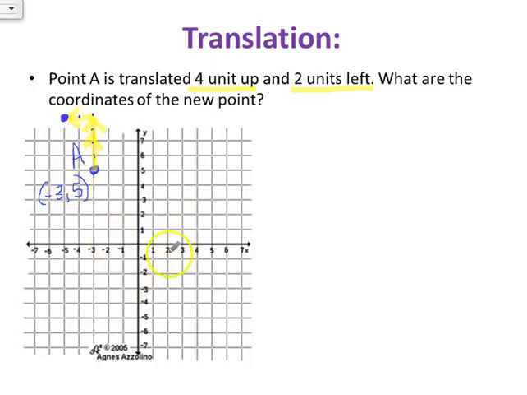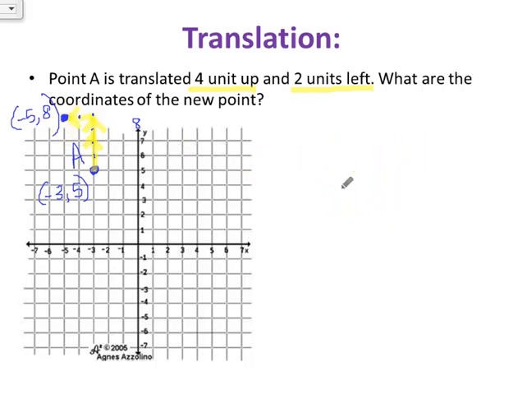And what are the coordinates of that point? We're going up to 8 on our vertical axis, so the new coordinates would be -5 and 8.